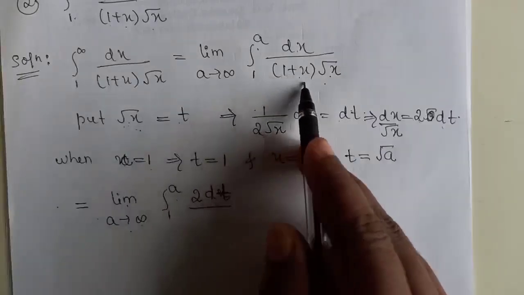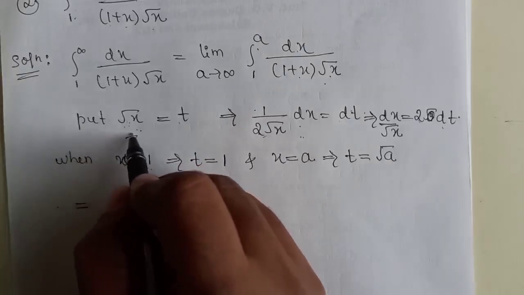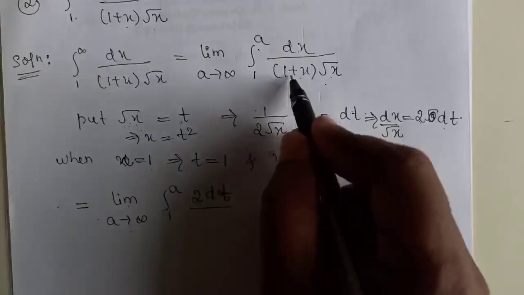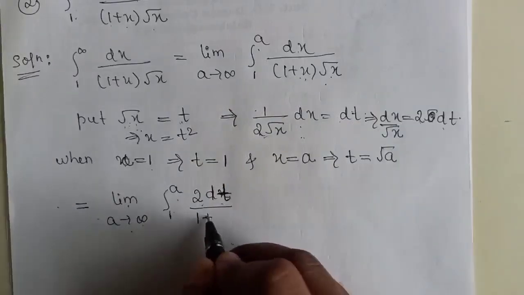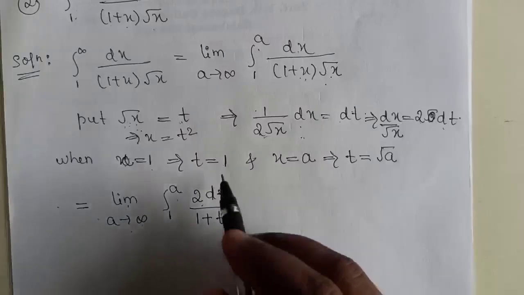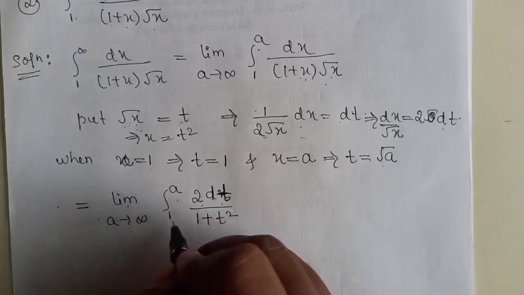Next, 1 plus x. We know that x equals t square, so in the place of 1 plus x we write 1 plus t square. The limits are 1 to root a.